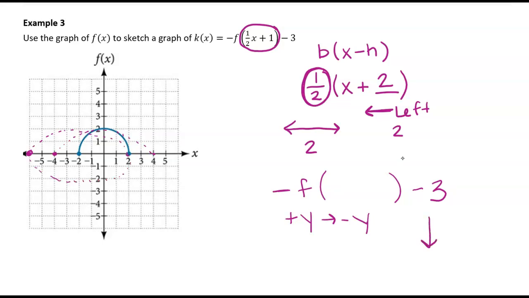This says move my function down 3. 1, 2, 3. And so that would be my transformation piece with all 4 transformations applied.